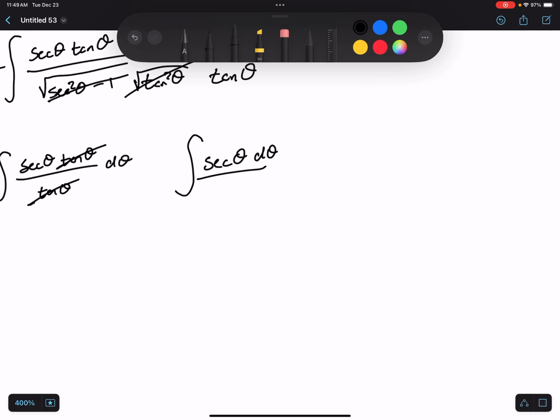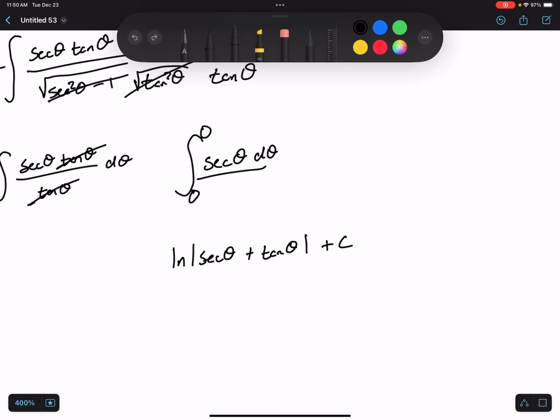It's actually a famous integral because of that. And so using our memorization skills, we know that the integral of secant theta is simply the natural logarithm of the absolute value of secant theta plus tangent theta. And because this is an indefinite integral, we have no limits here, we must add a constant at the end.